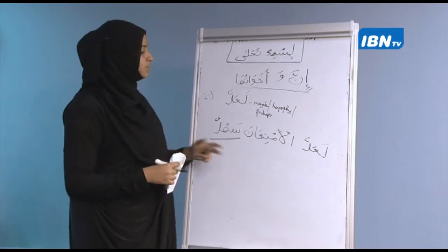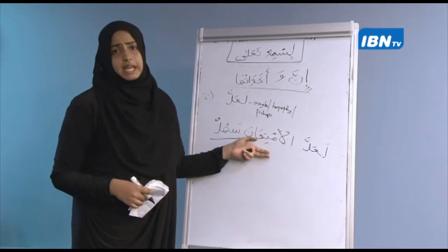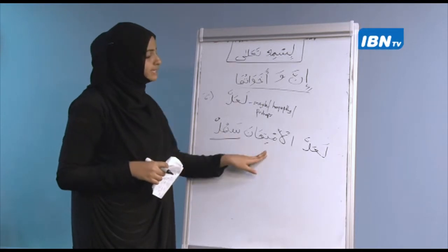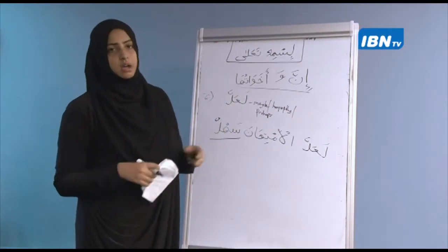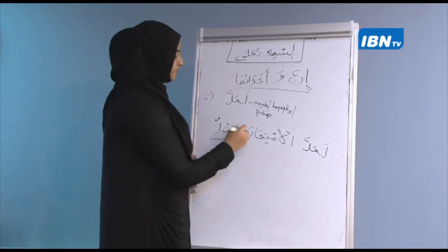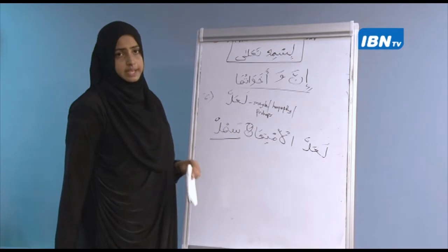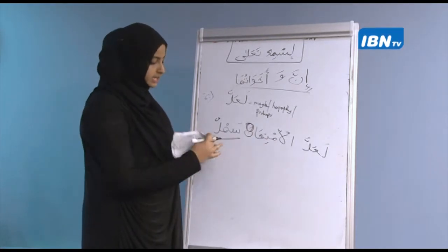What is the trend? Trend being that the mubtada, that is the ism, sorry, the ism Inna or the ism la'alla or the ism ka'anna, will always have an accusative sign. Always will have an accusative sign, right? We looked at other examples.